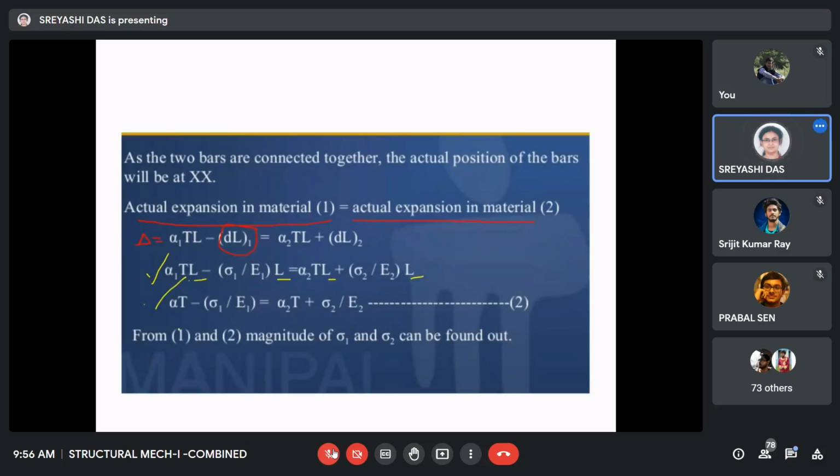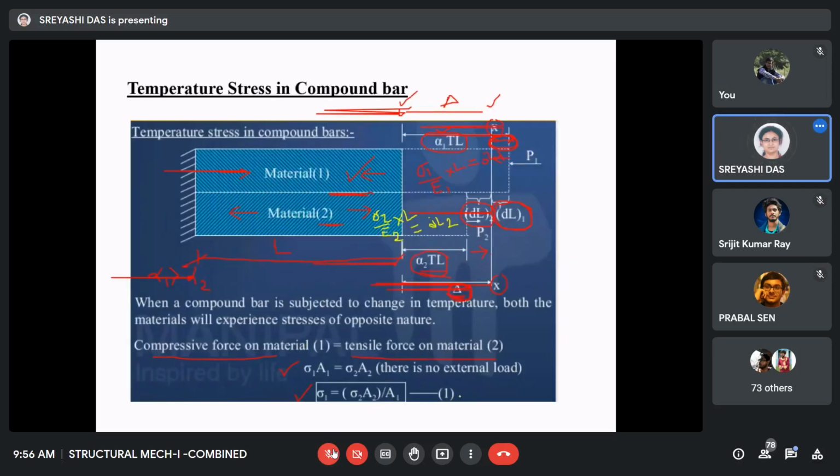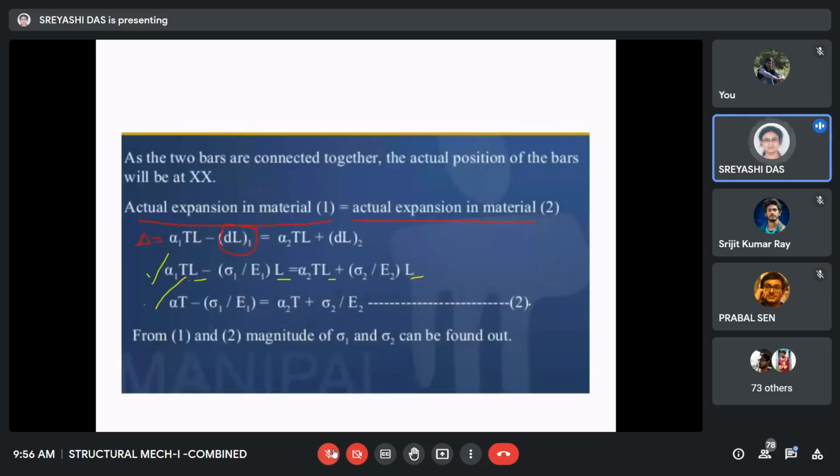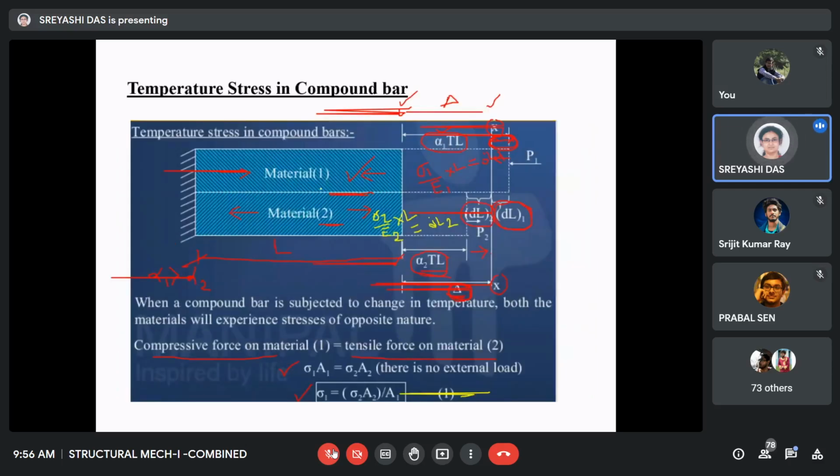We get this expression. So from equation 1 and equation 2, we can find the stresses sigma 1 and sigma 2. Material 1 is subjected to a thermal stress sigma 1 and material 2 to a thermal stress sigma 2, so we can find what amount of thermal stress is produced in these materials.